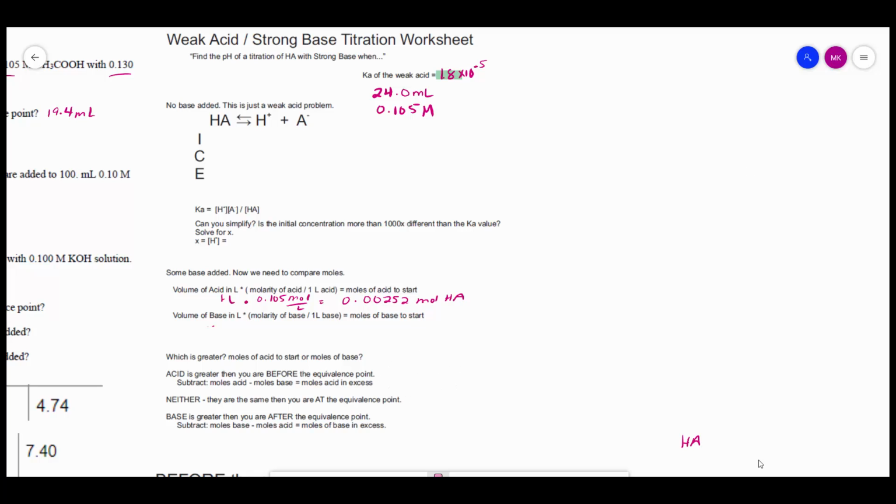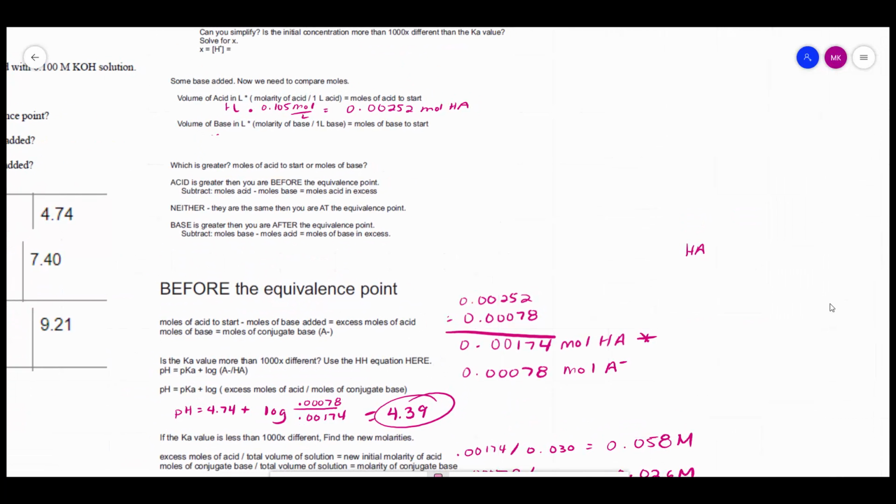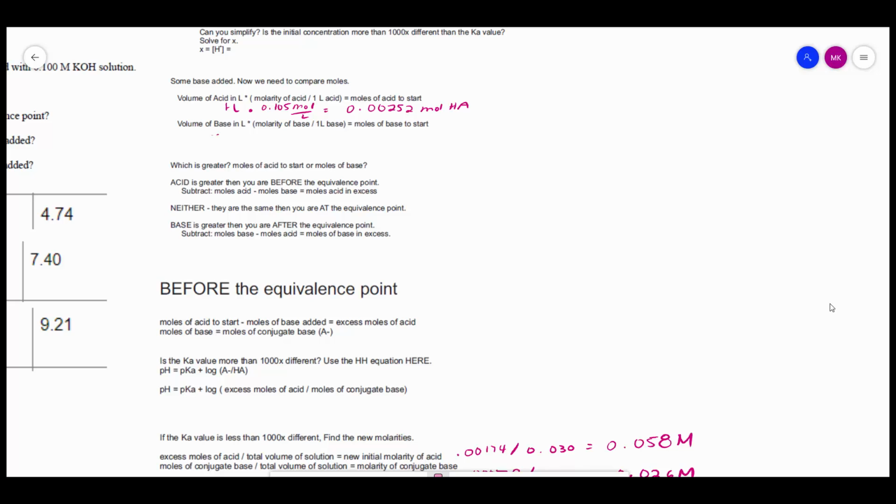So if we have 9.7 milliliters, .097, that makes more sense, liters, and the molarity was 0.130 moles per liter. Then I have 97 times 0.13, 0.001261, and I know that's too many significant digits. Hold on. Moles of my base.